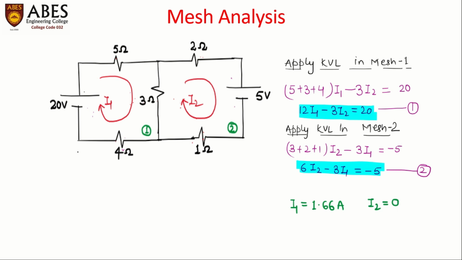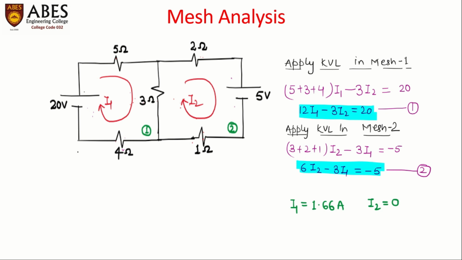For simplicity, I have taken both the currents in clockwise direction. The direction of the current does not depend upon the polarity of the voltage sources. Now I have assigned current I1 and I2 in mesh 1 and mesh 2.